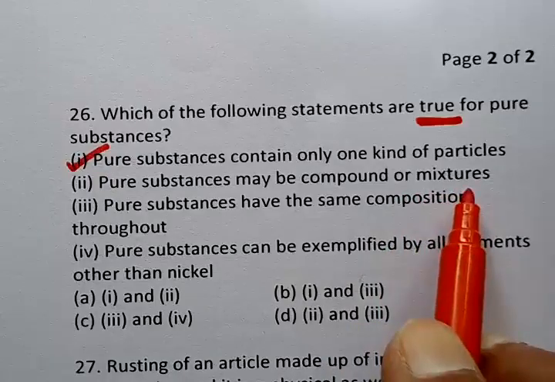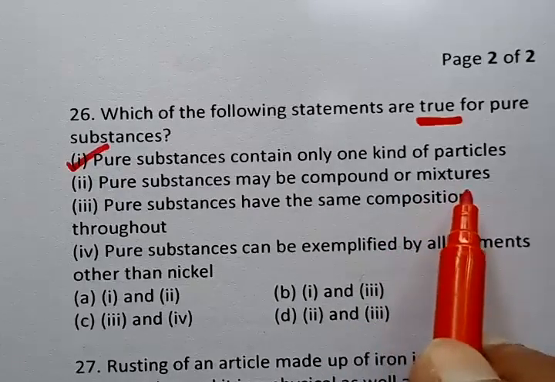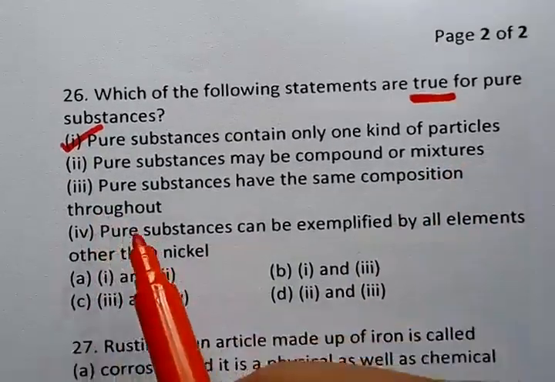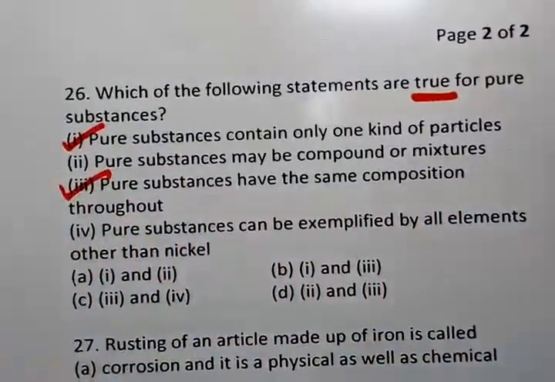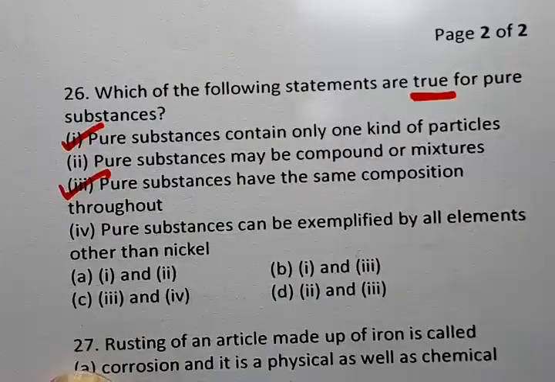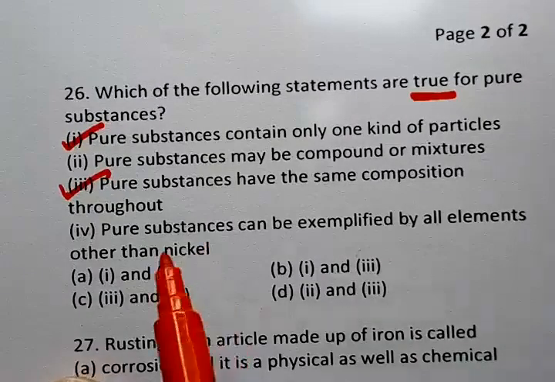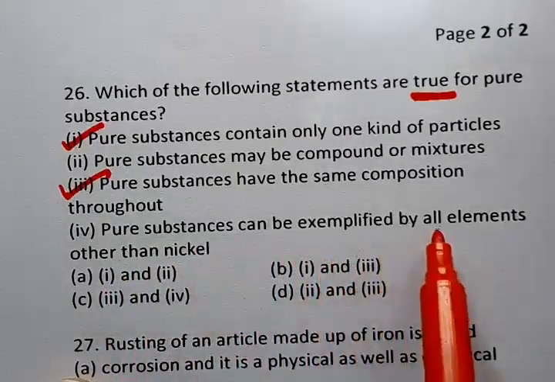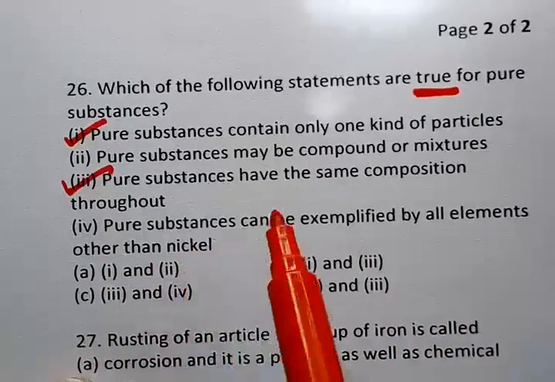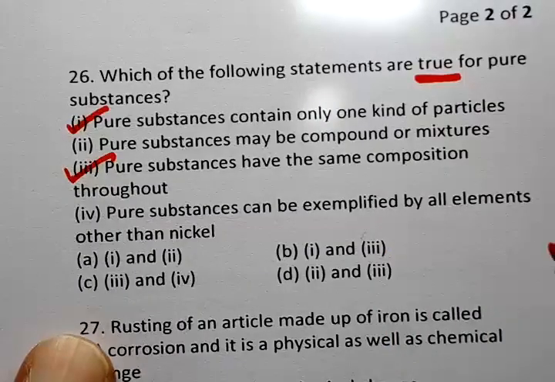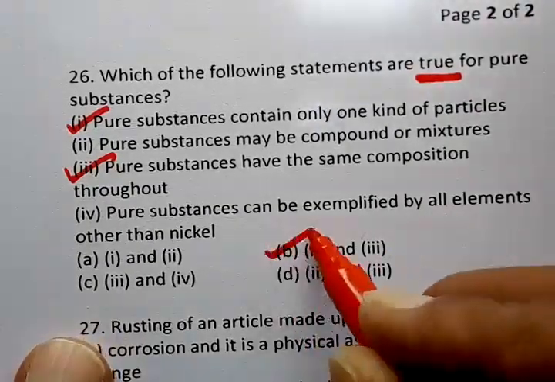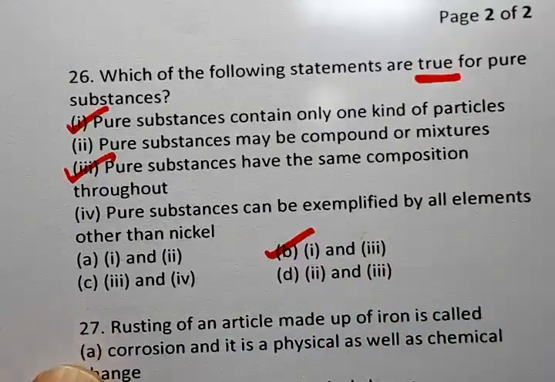No, pure substance not like that. It is especially not mixtures. Pure substances have the same composition throughout. This is also true. Pure substances can be exemplified by all elements other than nickel. No, there is nothing like that. So 1 and 3. So B is the correct answer for this.